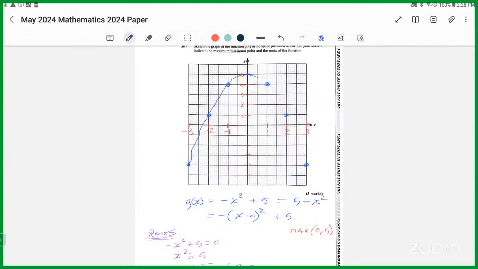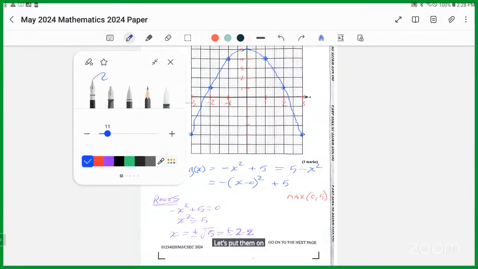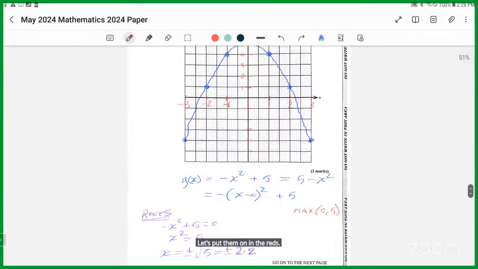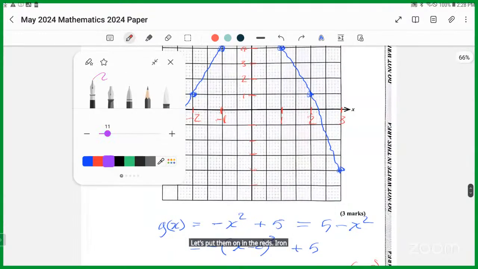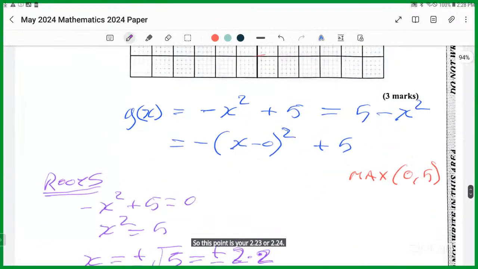And like that. It makes sense because the question gives you the graph for 3 marks. These 2 are the roots, the 2 x values that were calculated. Let's put them on in purple. This point is your 2.23 or 2.24, so we're working with 2.2.